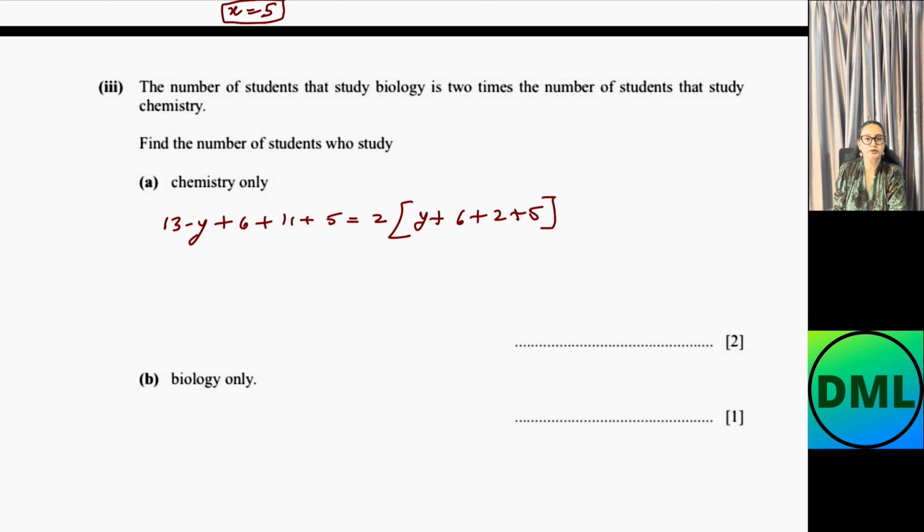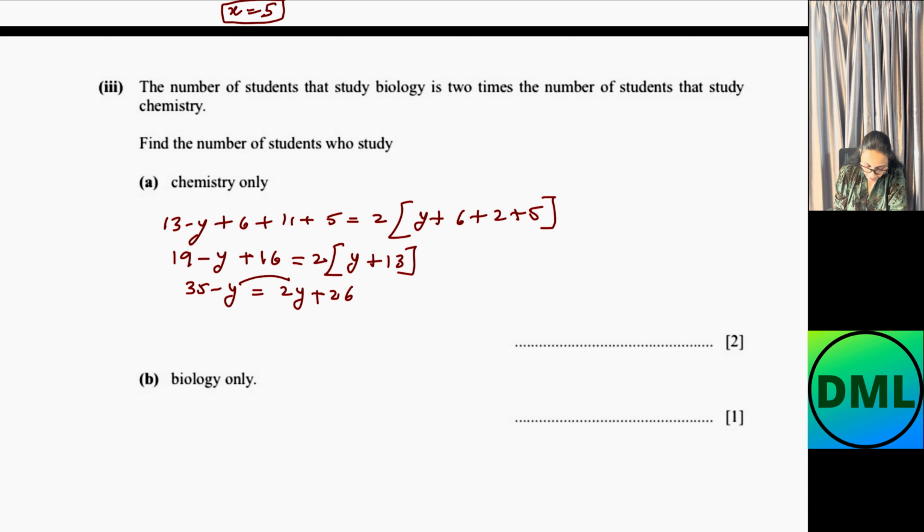I need to solve this for y first. 13 plus 6 is 19, minus y, plus 11 plus 5 is 16, which equals 2 times y plus 6 plus 2 plus 5, which is 13. So 19 plus 16 is 35 minus y, equal to 2 times y plus 13 times 2, which is 26.